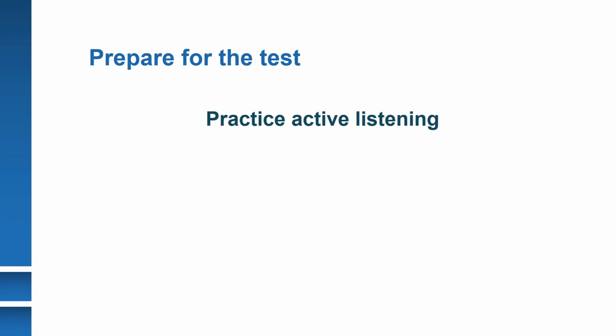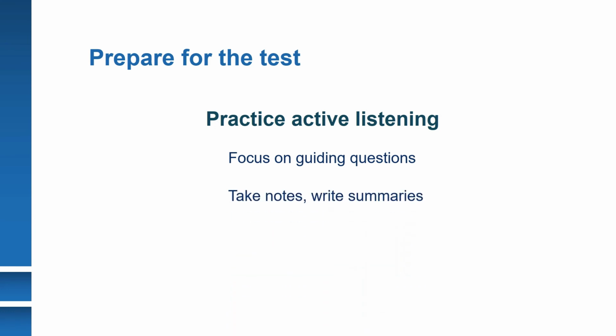When you practice active listening, you do things like focus on guiding questions, take notes or write summaries of what you've heard. Whenever possible, listen multiple times. And if you have the opportunity to role play a conversation or retell a talk that you heard, that's also a great strategy to keep in mind.